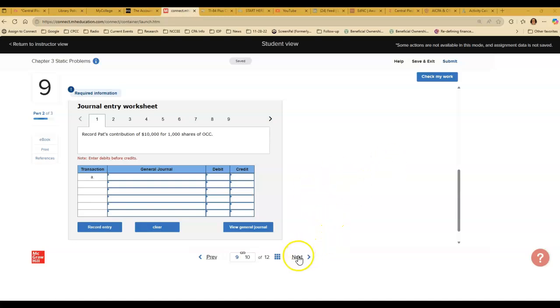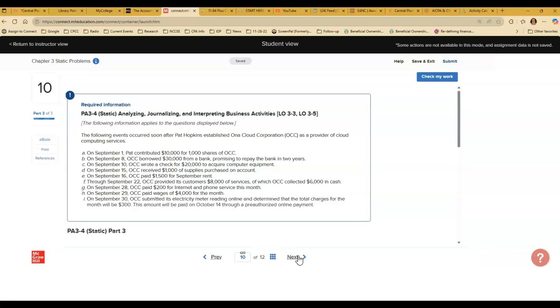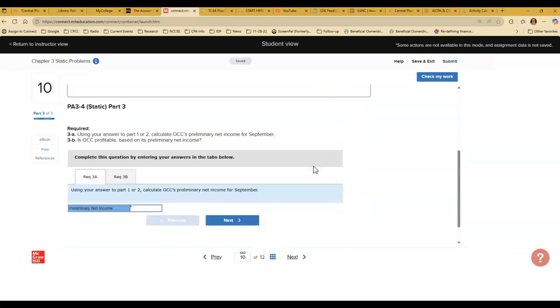All right. So there are some additional journal entries. You've got your preliminary net income. Remember, you're just simply adding all your revenues, subtracting all your expenses. The only reason it says preliminary is because the only things that have been recorded in the accounting department when you're hitting preliminary net income are cash receipts, cash disbursements, billing customers, and recording invoices from vendors.